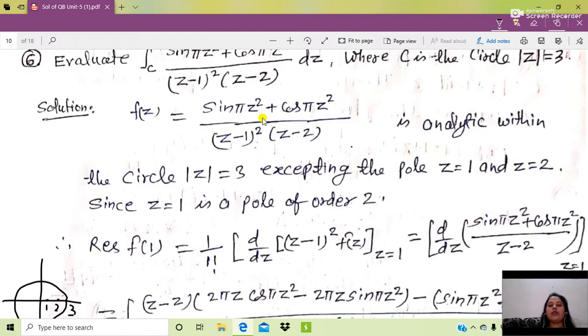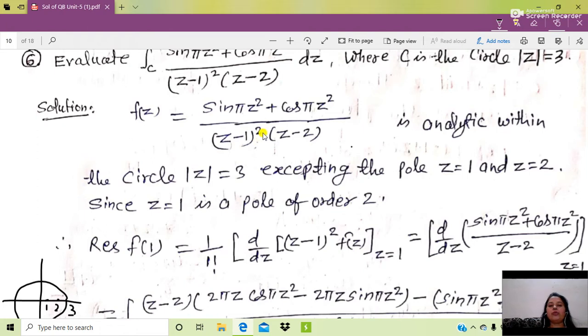So by putting the denominator equal to 0, we get two poles, at z = 1 and at z = 2. z = 1 is a pole of order 2, since we have (z − 1) whole square in the denominator, and z = 2 is a pole of order 1, which is also known as a simple pole.